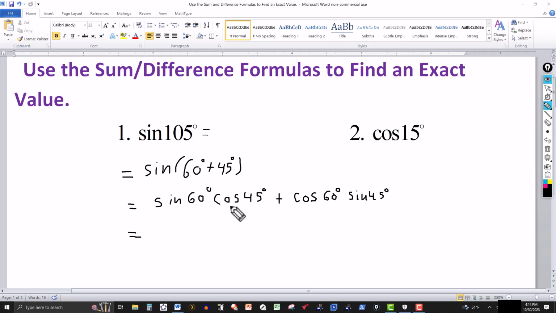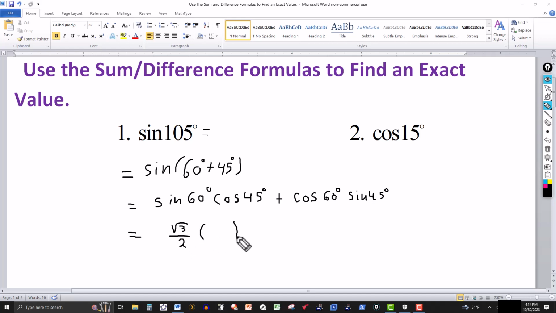And then hopefully you've memorized these, or if you haven't memorized them, then you're able to create those reference triangles, the 45-45-90 right triangle, or the 60-30 right triangle. So here, the sine of 60 degrees from those triangles we looked at, or just from memory, is square root of 3 over 2.